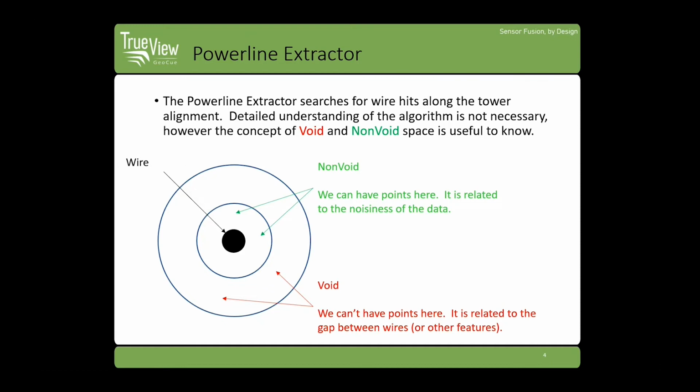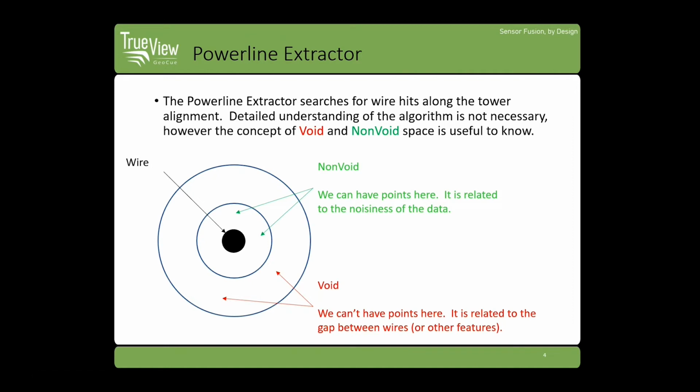So there's a certain area around the wire where we can have some points, and that's called the non-void space. Basically means we can have some points within this distance of the wire, and we know that those are probably hits on the wire. They're just noisy, right? Obviously, the less noise in the system, like if you use a Riegl system over a 515, the smaller you can make that non-void space.